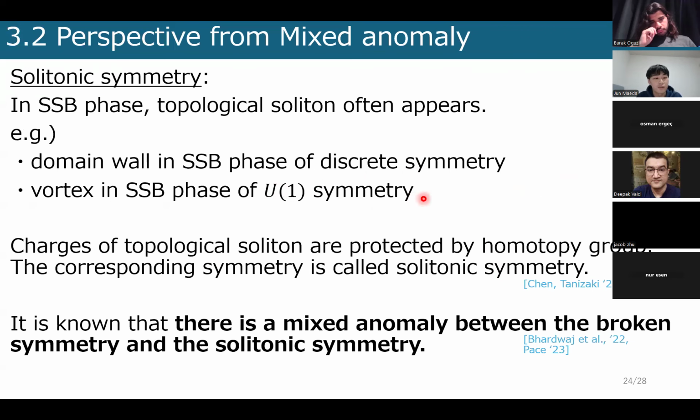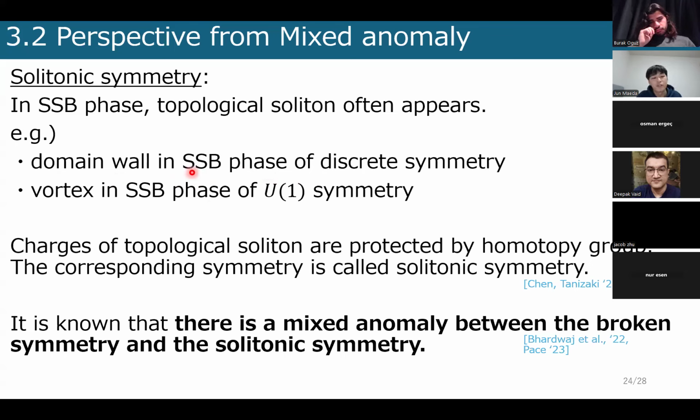So first I will explain what a solitonic symmetry is. In the SSB phase, topological solitons often appear. For example, in the SSB phase of discrete symmetry, a domain wall appears, and in the SSB phase of U1 symmetry, a vortex often appears. And the charges of topological solitons are protected by some homotopy group.